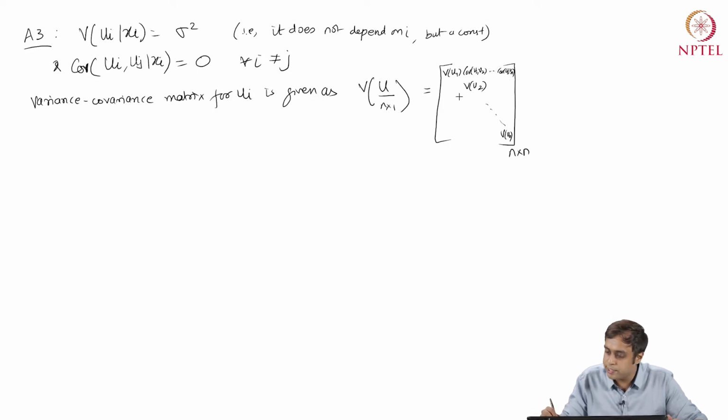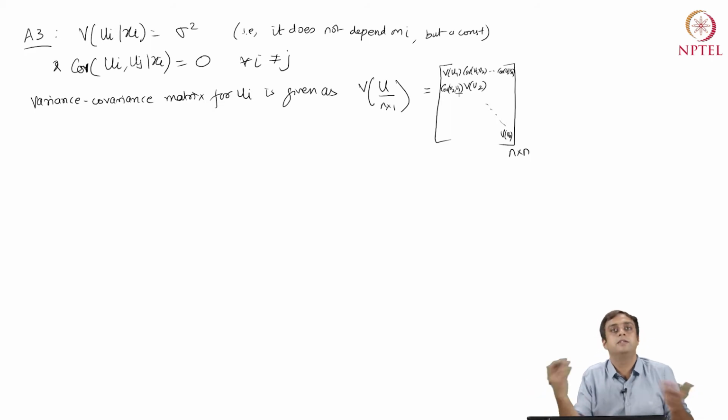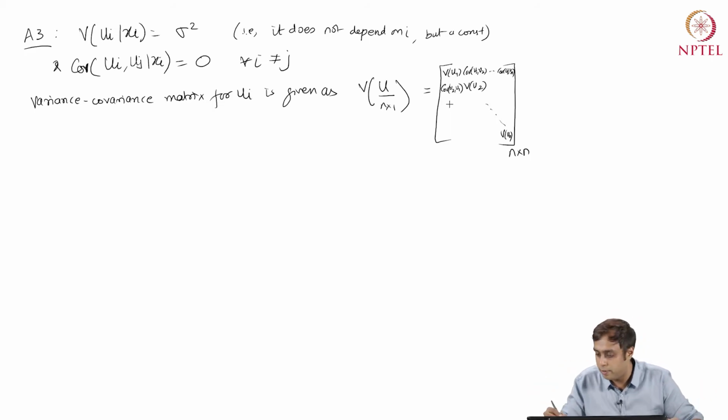Right, and also it is symmetric. So, if you have covariance u1, u2, you will have a symmetric term covariance u2, u1, where it is exactly equal. It doesn't matter which order you are calculating the covariance in. So, covariance un, u1, covariance un, u2, and keep going like this.